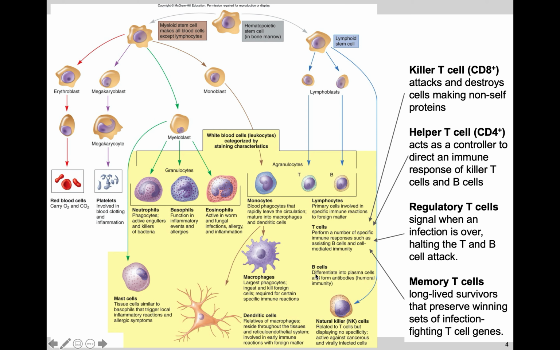So B cells will differentiate into a thing called a plasma cell, and those produce antibodies, which are a Y-shaped molecule that kind of acts like a handle. The antibodies will stick to viruses and bacteria. And there are a couple of things that they do.